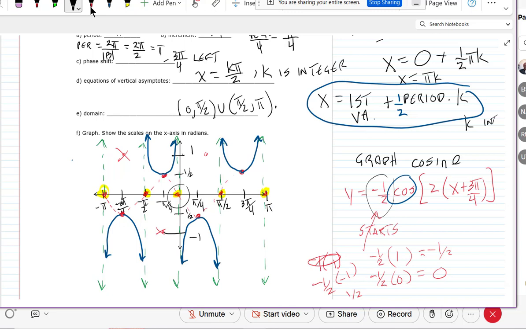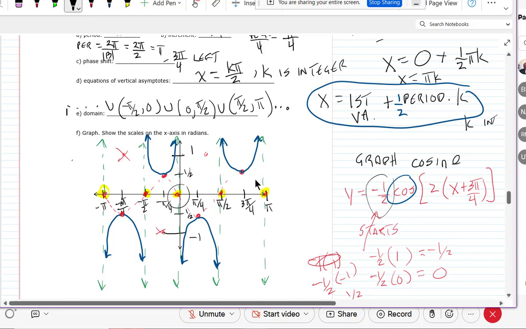And all you have to do is list this out, and you can put the 3 dots to show the pattern. And if you go backwards like this, it would be negative pi over 2 to 0, and then just have the 3 dots like that. So that's good enough. It's just in between every asymptote is where you have a graph, undefined at the asymptotes.